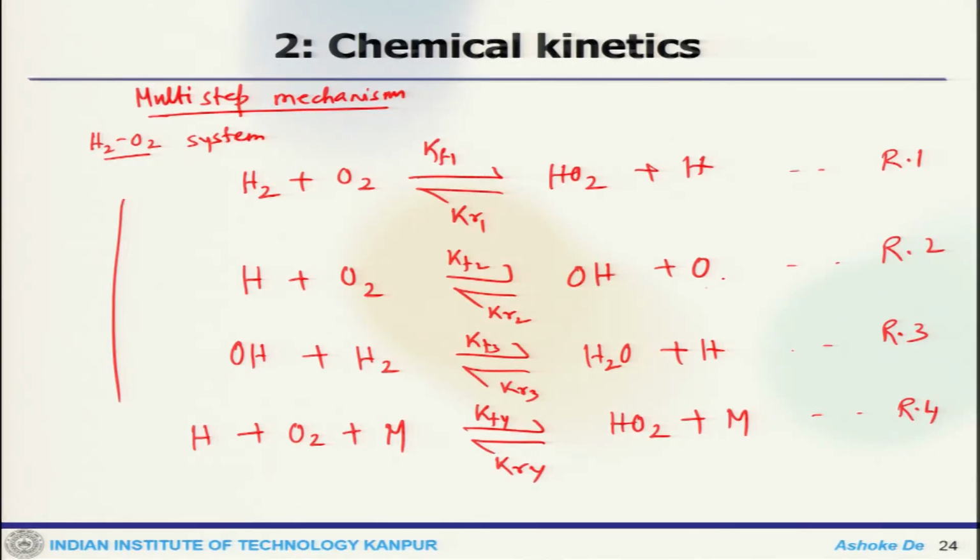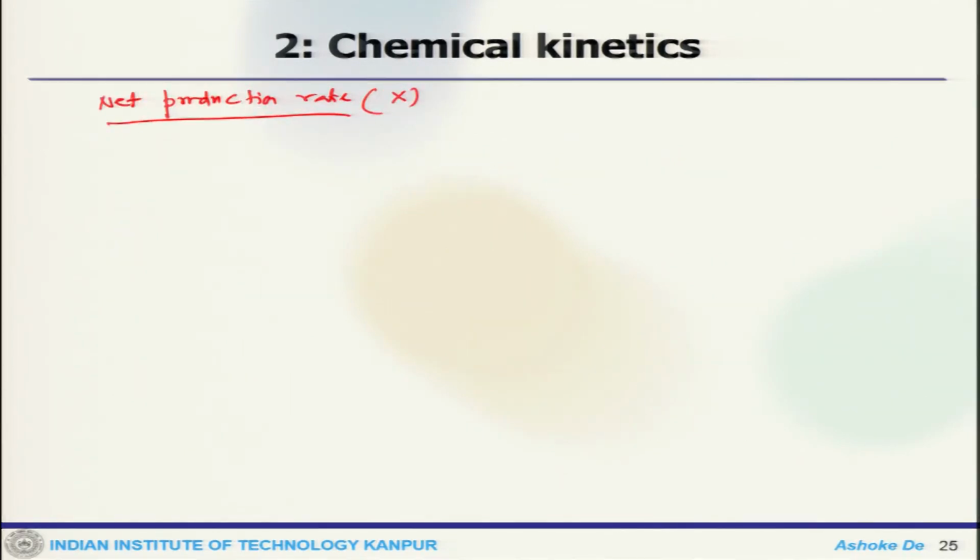OH is involved in reaction 2 and reaction 3. In one reaction OH is produced, and in the other OH is getting destroyed. The combination of that would give you the net production rate for a particular species X.